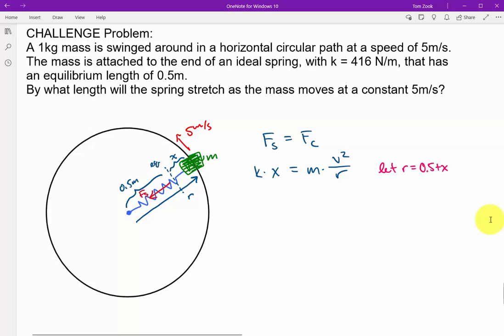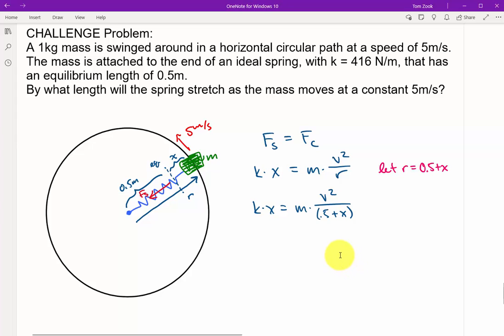So I have kx is equal to mv squared over the quantity 0.5 plus x. And from here, I can go ahead and go about some solutions. I can multiply this over, and do all the stuff. Now, in this case, you are going to end up with something that's a little bit ugly to solve, but the setup is half the battle, right? We want to be able to see what's going on.